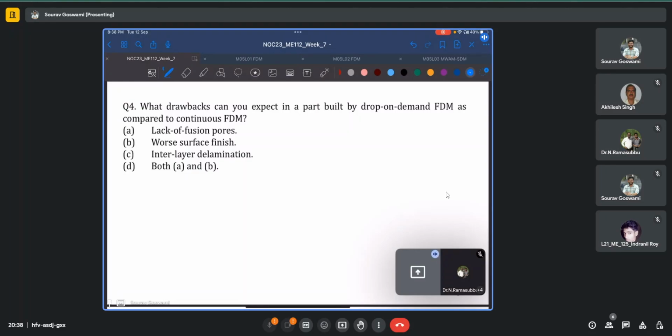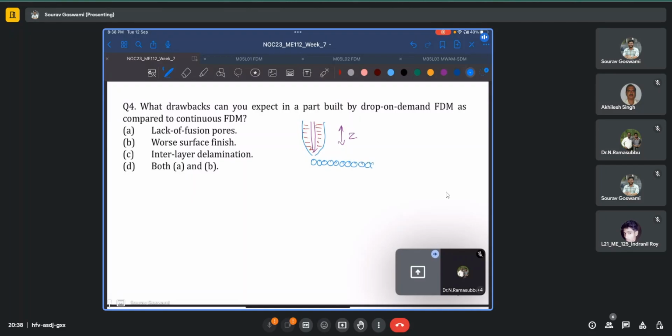So just to do a quick recap, in a drop-on-demand type system, you had a plunger, and all around it, in this region, maybe there is molten material available, and by the up and down motion of the plunger, we deposit the material in a drop by drop fashion.